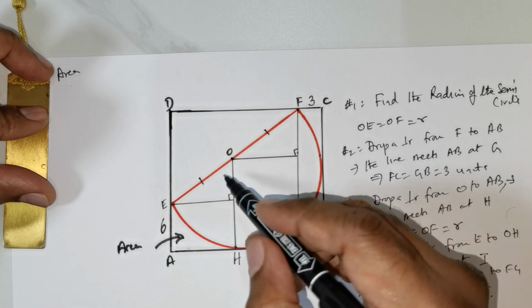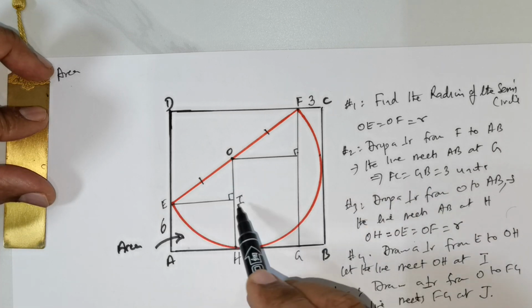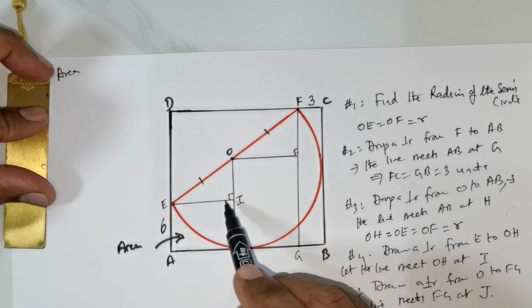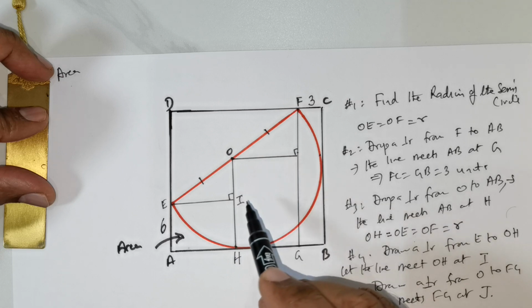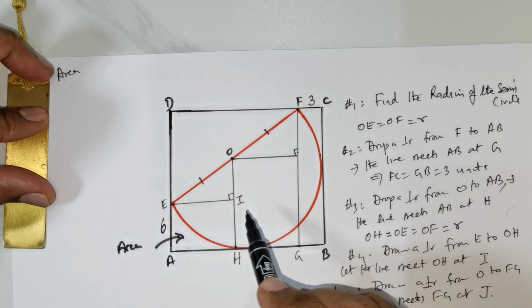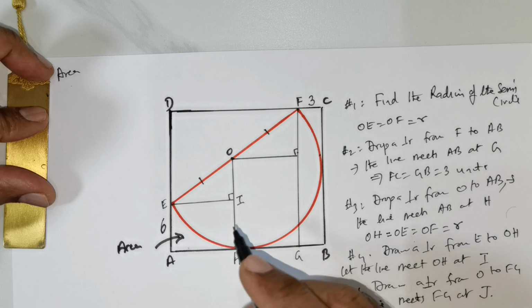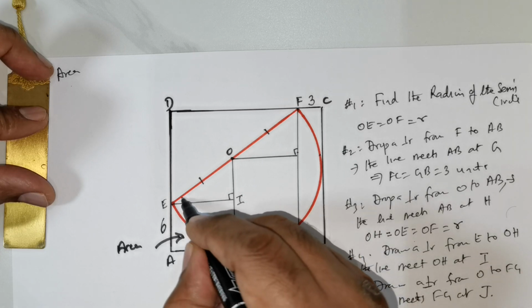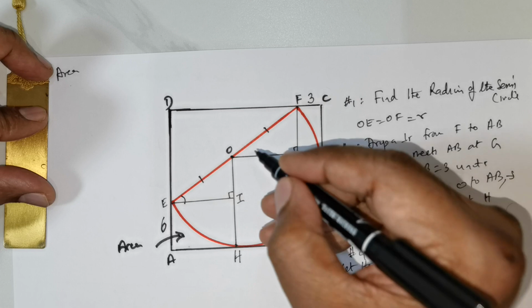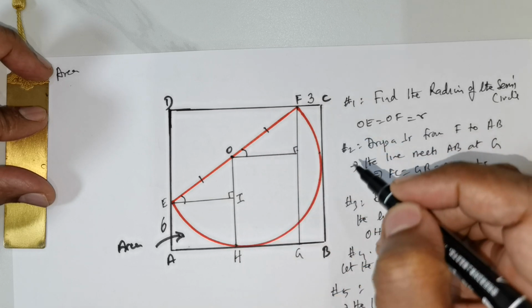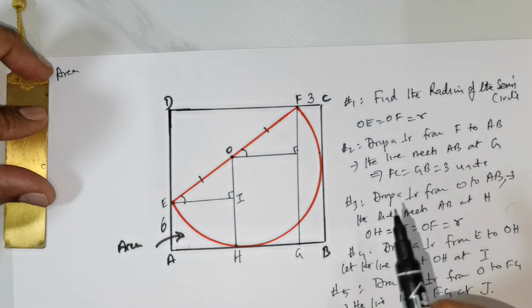Now EI is actually parallel to OE, and the most important part here is the angle made at E will be the same angle made at O, right?